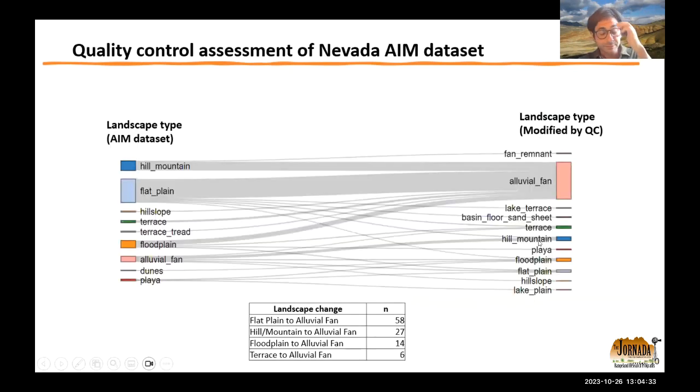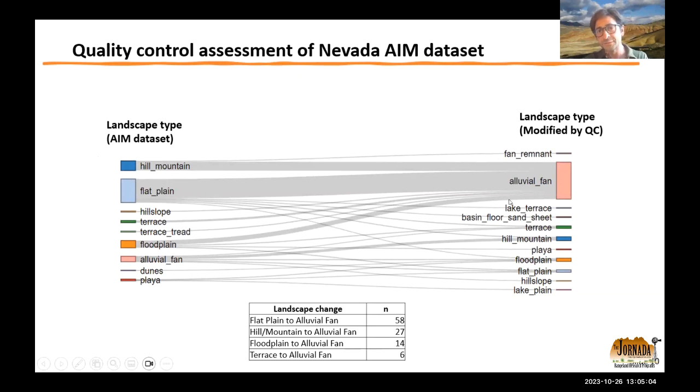And then what was done in Nevada was a quality control activity, a task done by experts, not by me. I got this information from the experts from BLM. What they did was to verify the landscape type collected by the AIM data collectors. So on the left side of this figure, we have the landscape type that AIM crews ascribed in the field.